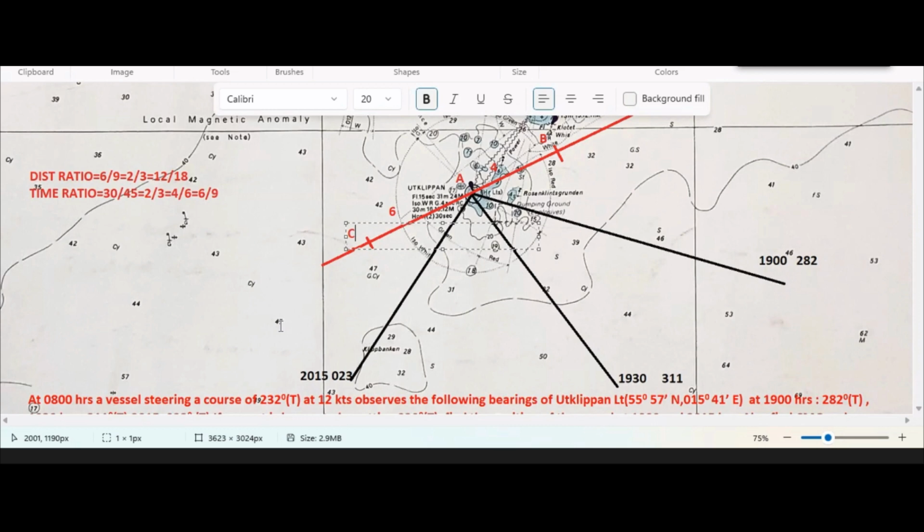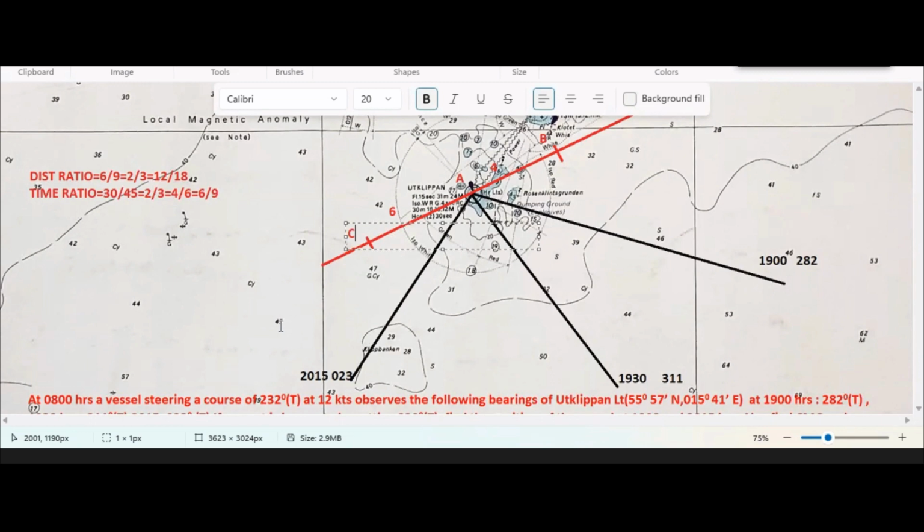In the perpendicular line, ABC is drawn. A is the lighthouse and I have chosen the ratio 4 by 6. You can choose any ratio. If you choose 6 by 9, cut AB distance equal to 6 and AC distance 9.